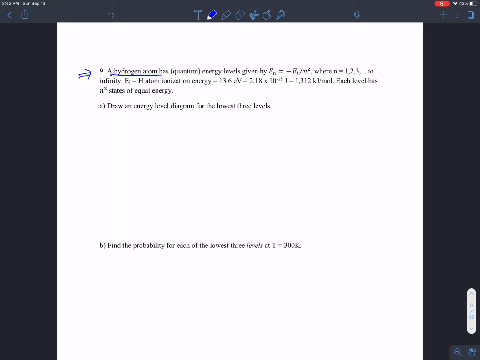So the hydrogen atom has energy levels, as I think probably everybody knows, where the energy of the nth level is equal to some constant, the ionization energy, divided by the quantum number n squared.